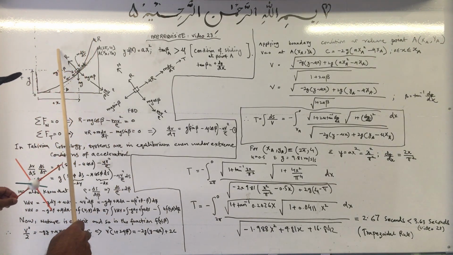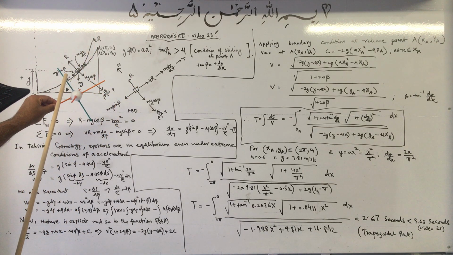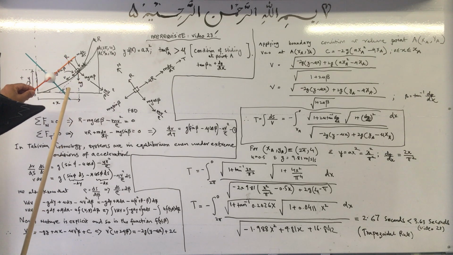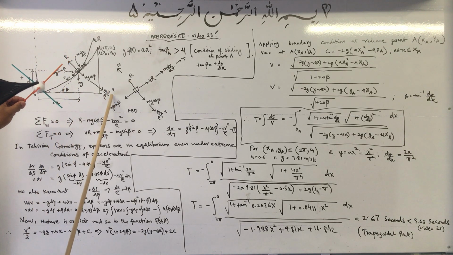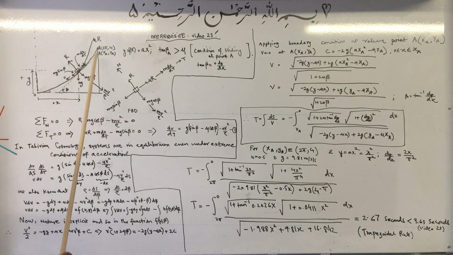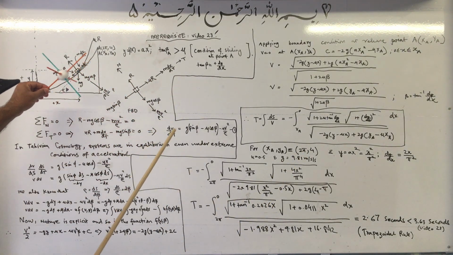When this mechanical force takes the position of this inertial force mv square over rho, then this gets replaced by R, and this gets activated as fictitious centrifugal force, mv square over rho, where rho is the radius of curvature of the curve at that point, at that instant. Okay, so it's like this.